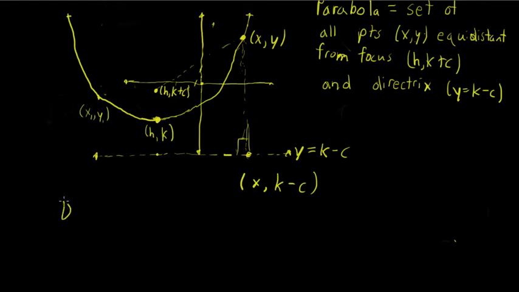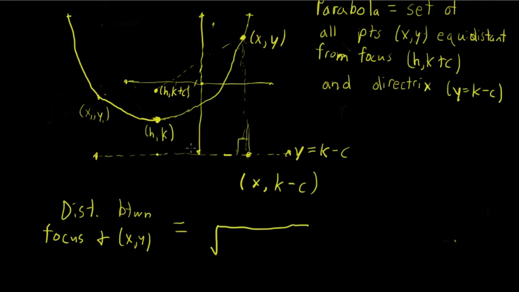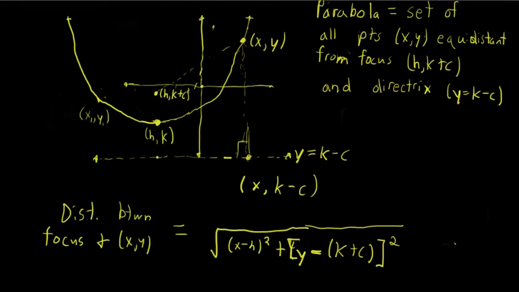So the distance between the focus and x, y is, well, we're going to be using the distance formula, so the square root of x minus h squared plus y minus the quantity k plus c squared, so y minus in parentheses k plus c, squared, and the square root of all of that stuff.